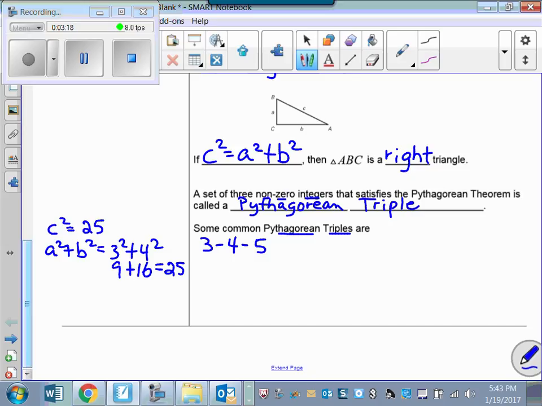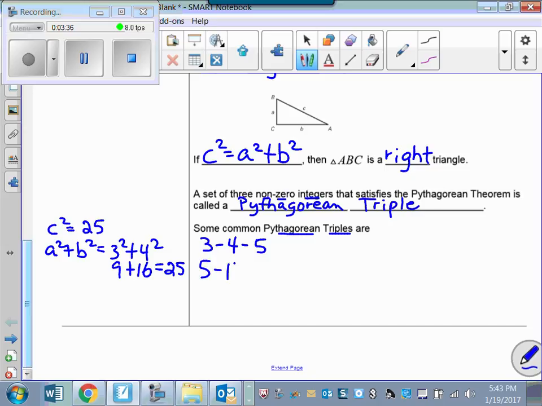There are quite a few of these that you're going to see very often. And I'm here to tell you that if you don't remember these, you will run out of time on your quiz and on your test because you'll be spinning your wheels doing the Pythagorean theorem when you don't have to. So I'm going to write down the most popular here, and you're going to have to memorize them. So what else?